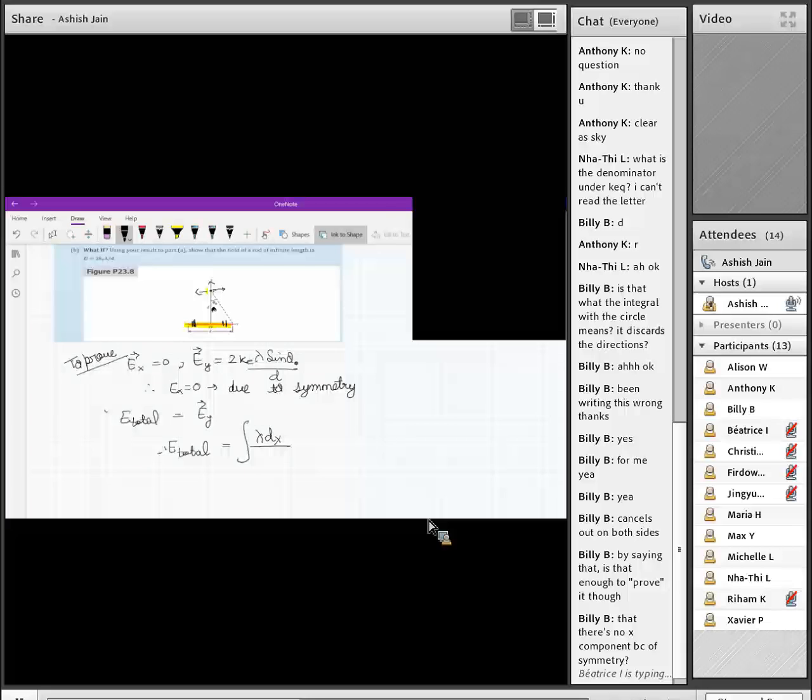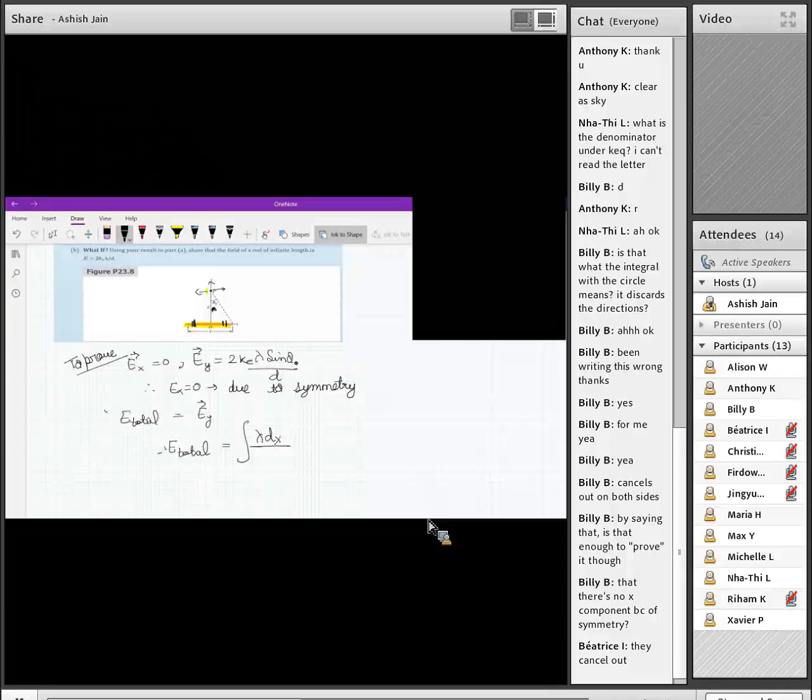That there is no component X because of symmetry. Yes, this is because of symmetry, because it is placed equally around the origin, symmetrically around the origin. So the rod is from minus L by 2 to L by 2, 0 to L by 2 and 0 to minus L by 2. That makes sense.